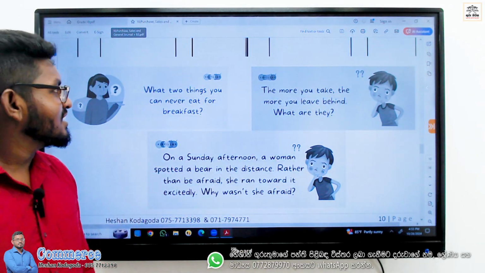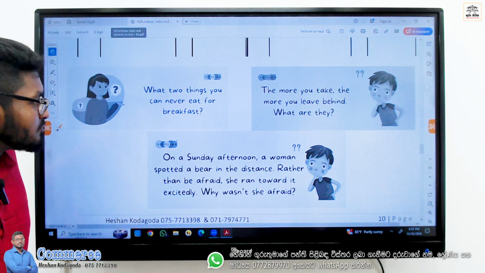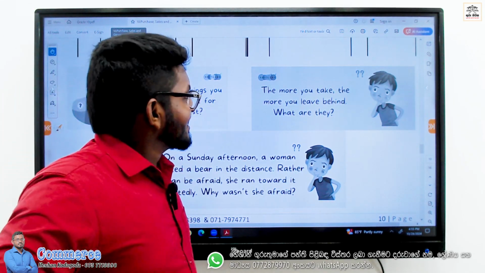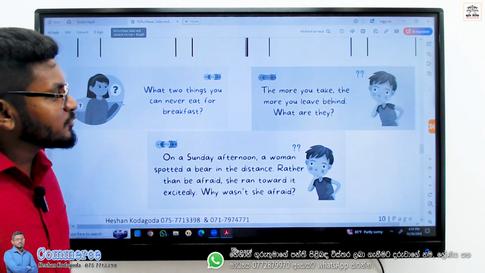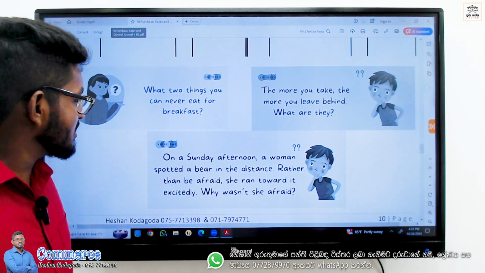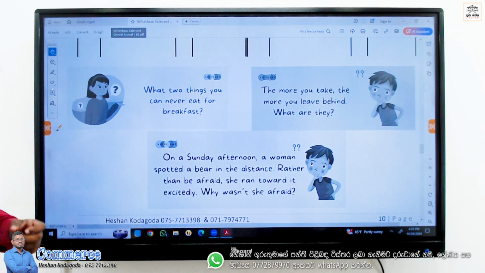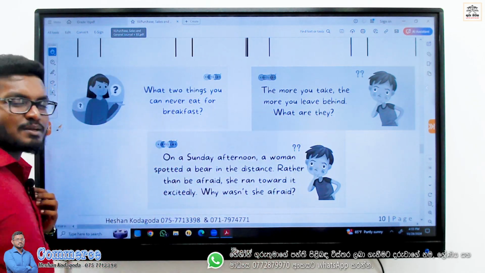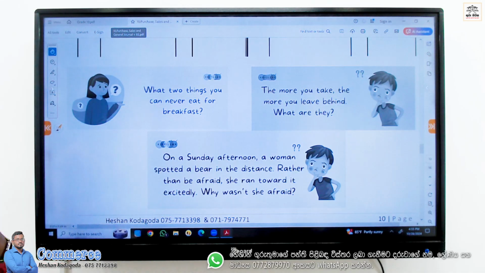What two things can you never eat for breakfast? Lunch and dinner. The more you take, the more you leave behind: footsteps, footprints. On a Sunday afternoon, a woman spotted a bear in the distance. Rather than be afraid, she ran towards it excitedly. But wasn't she afraid? She thought it was a teddy bear. Write the answers here and send me pictures after the class. Okay?